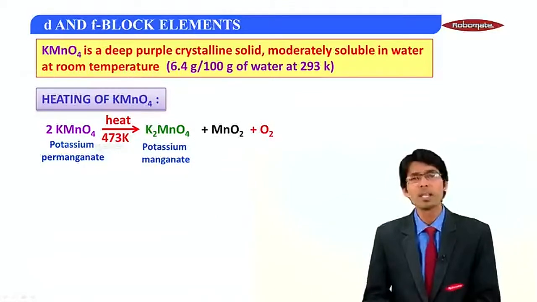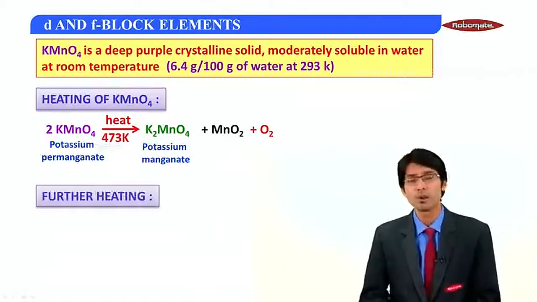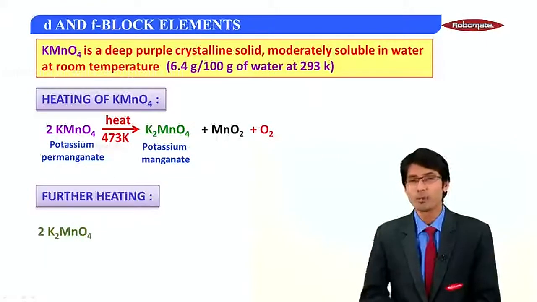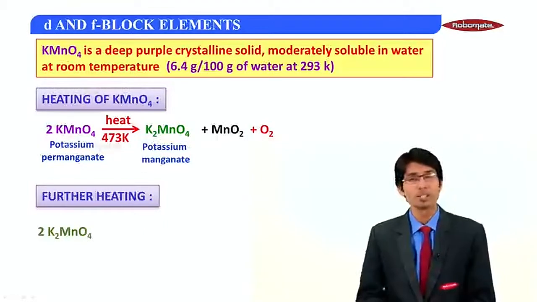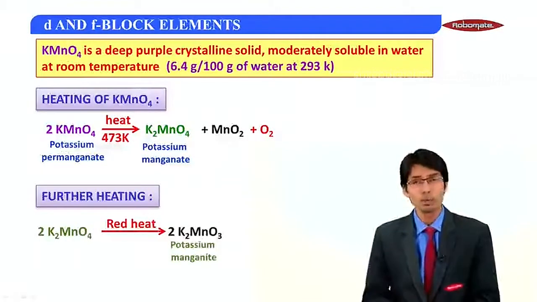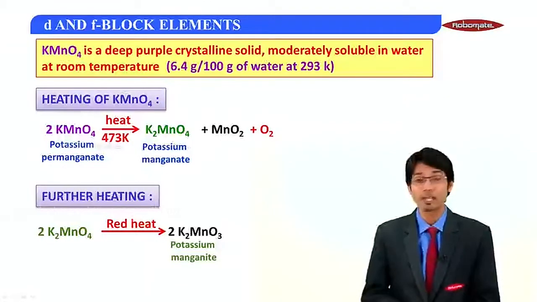If this mixture is heated above 473 Kelvin, this condition is called red hot condition. At red hot condition the potassium manganate, which is a green colored crystal, gets converted to K2MnO3, that is potassium manganite. So if you check the conversion, first potassium permanganate at lower temperature, at 473 Kelvin, gets converted to potassium manganate.